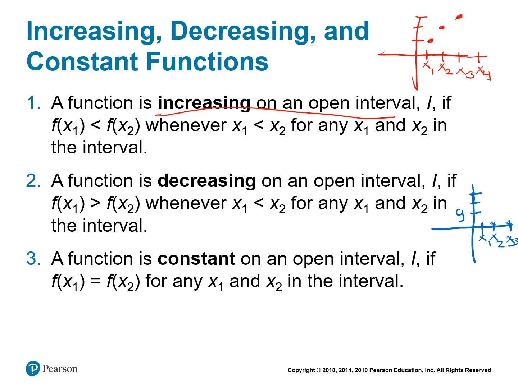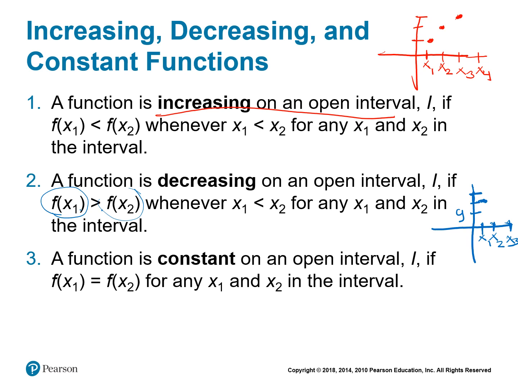What it's saying here is the corresponding y value for x sub 1 should be greater than the corresponding y value for x sub 2. So if the y value for x sub 1 is somewhere here, then the y value for x sub 2 should be less than whatever the y value for x sub 1 was.